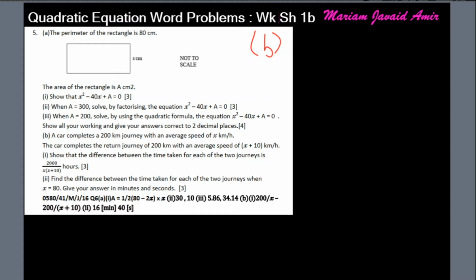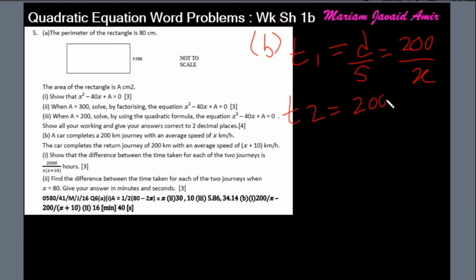Alright, so time is distance over speed. For the first journey, distance is 200 and speed is x. For the second, the distance is still 200 and the speed has increased to x plus 10. So this is the expression for time in the return journey.